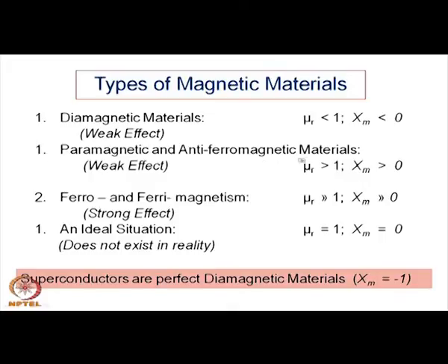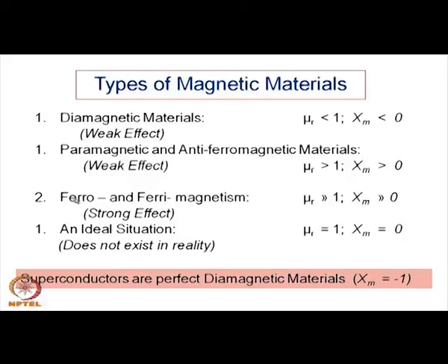Paramagnetic as well as antiferromagnetic, they respond more or less in a similar manner, and once again it is a weak effect, and here μr is no longer less than 1 but is more than 1. So, μr is more than 1, where μr is basically μ by μ0, and χm is greater than 0, that is positive. Here it is negative, this is positive, and this is less than 1, this is more than 1.